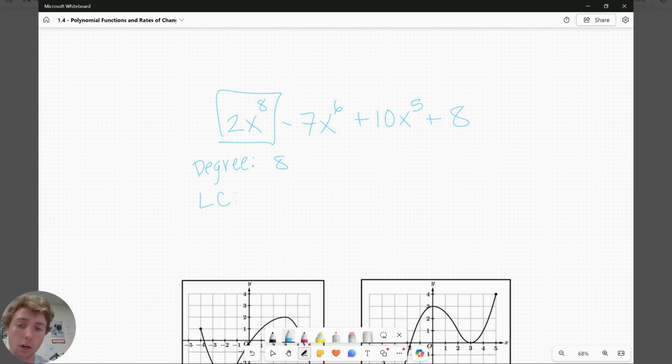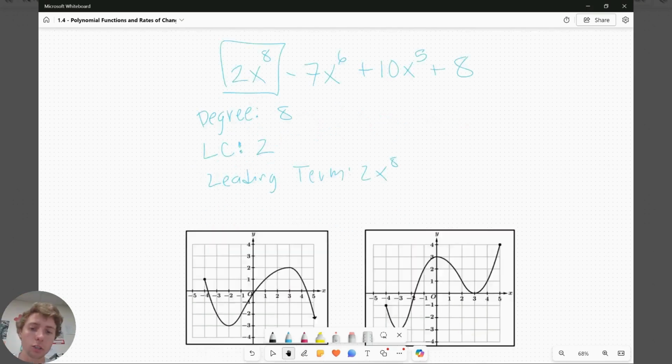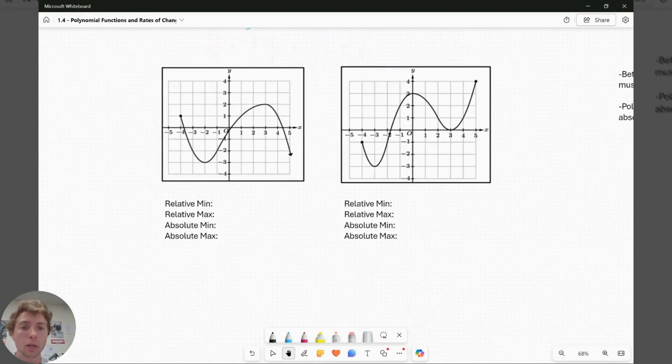So the largest exponent, you look for that first, that's your degree. And then your leading coefficient is just the number in front of your x there, so that'd be 2. One thing you can also talk about is your leading term, which we just kind of broke down. Your leading term here is 2x to the 8th. Okay, so that's just basics about polynomials.